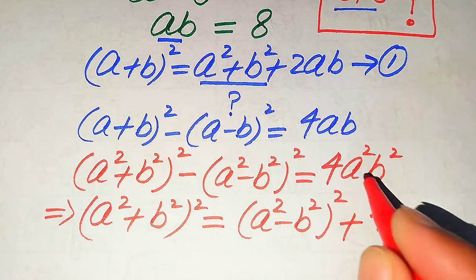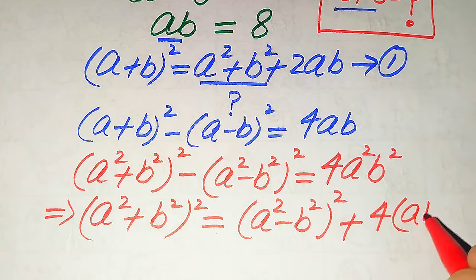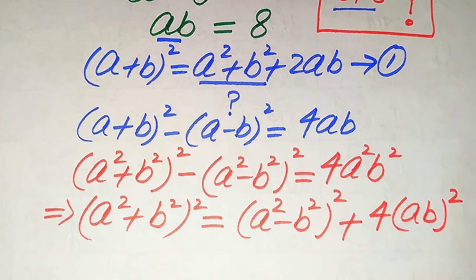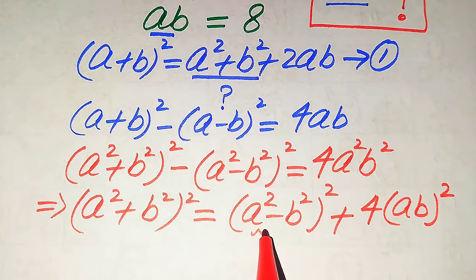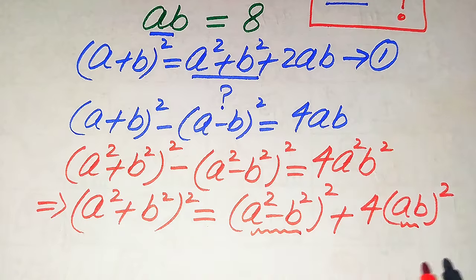We combine the squares of these two terms and it will be written as 4 times (ab) whole square. So we already have the values of a square minus b square and ab.